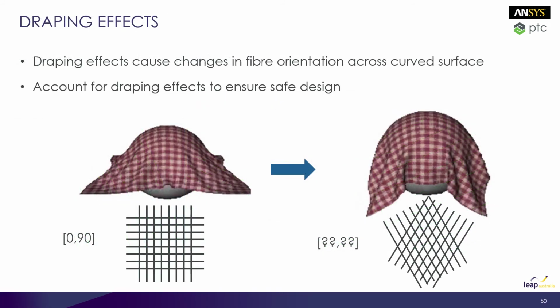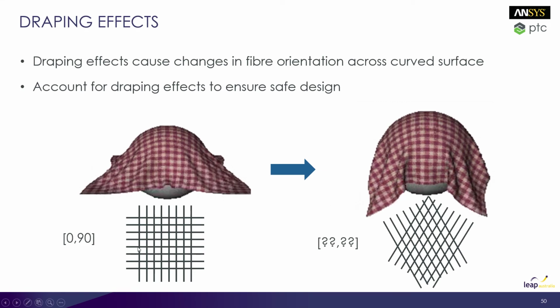I mentioned earlier that one of the key complexities of composites is accounting for the effects of draping. That is, trying to force this fabric over the shape of your structure. And this can have some effects on the material, including wrinkling and changes in fiber orientation.